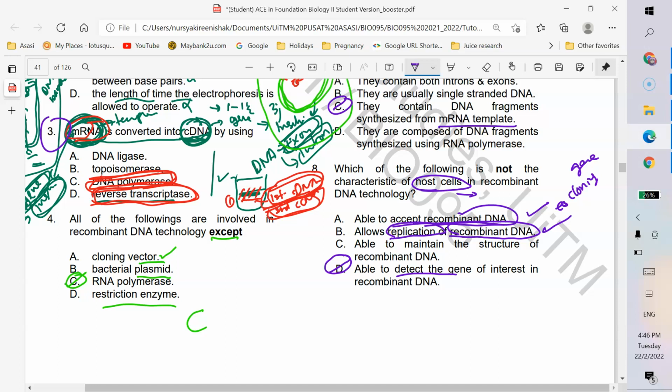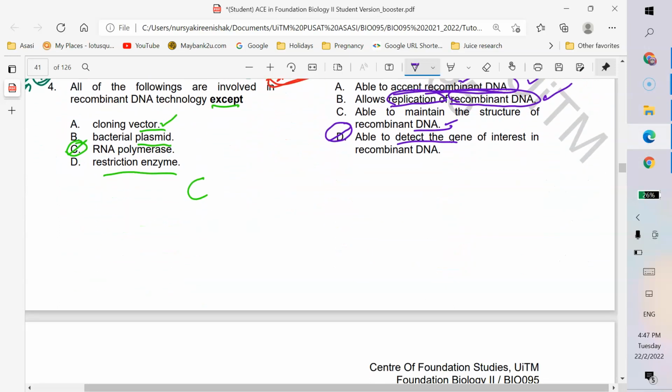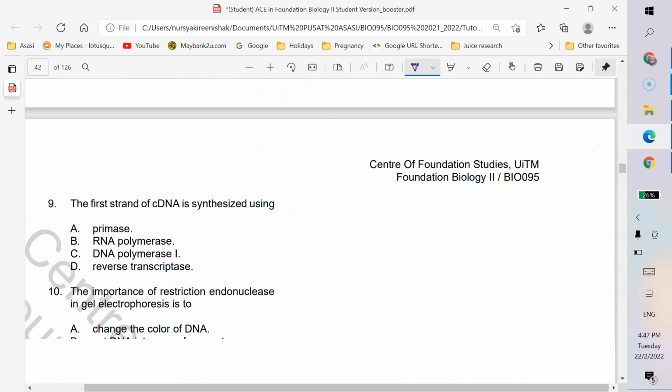Statement C, able to maintain the structure of recombinant DNA: it does not change even after entering the bacterial cell. The host cell will not change the DNA, so it stays as a recombinant plasmid and allows the host cell to also produce the product of that gene. Izzat, do you understand?